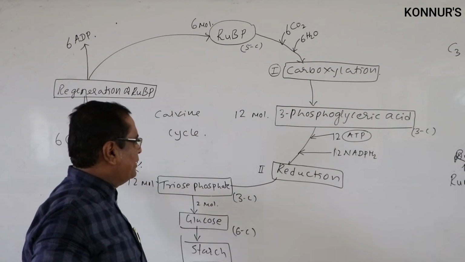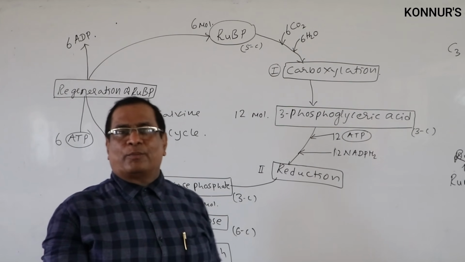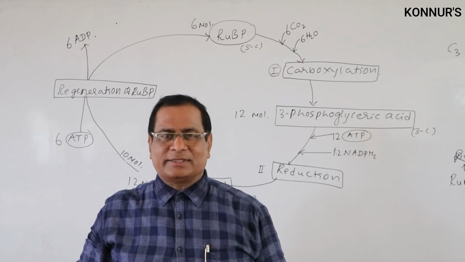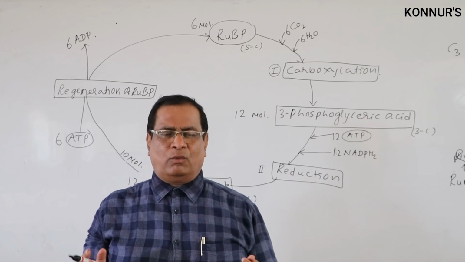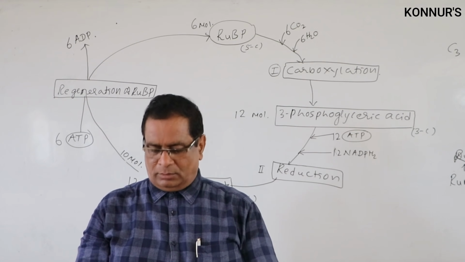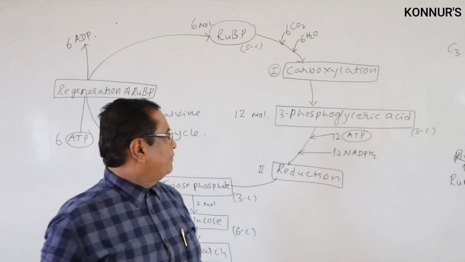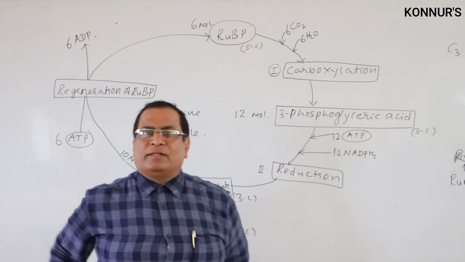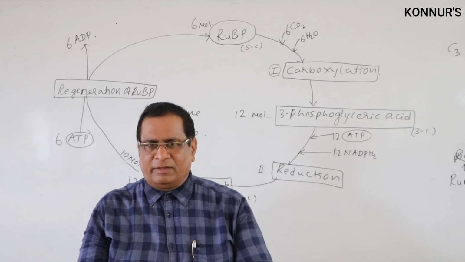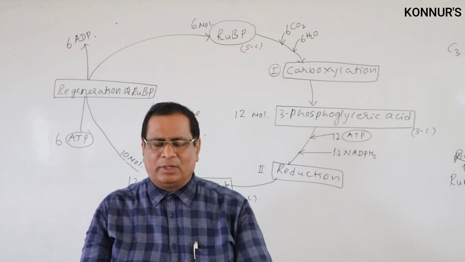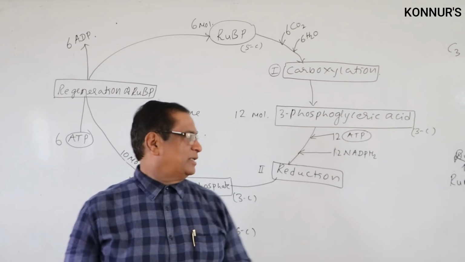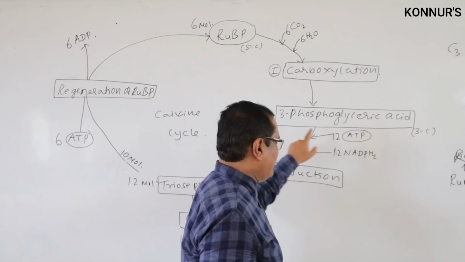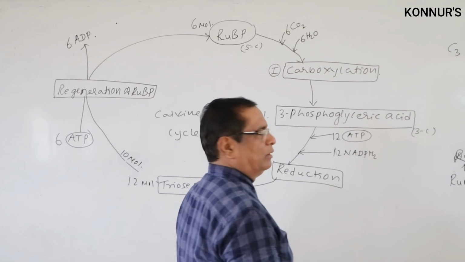And cyclically, this process is taking place. This is the C3 pathway. We can raise now NEET questions. It is said to be the C3 pathway because the first formed stable compound in the Calvin cycle has 3 carbons, which is none other than 3-phosphoglyceric acid.